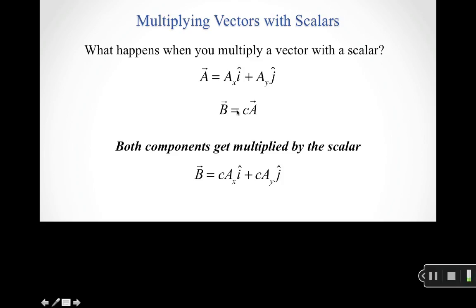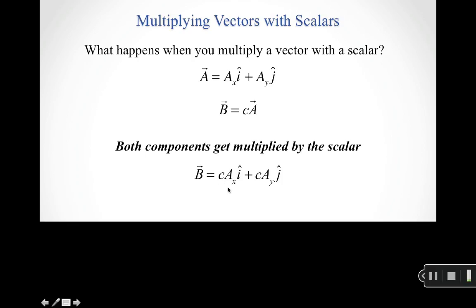So here's the equation that says what I'm going to get. I'm going to get a new vector, vector B, by multiplying my original vector, vector A, by some scalar. The rule that I use is that both components get multiplied by the scalar.